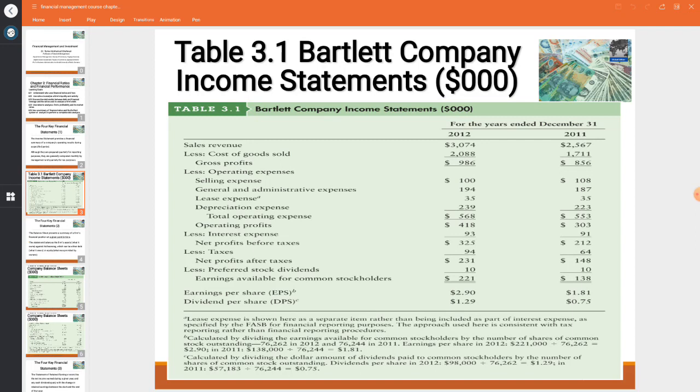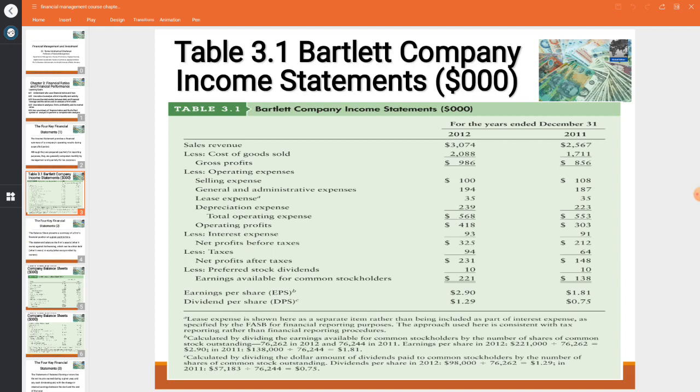In this situation, we are going to use this net income, or net profit after taxes, number one, for paying what we call preferred stock dividends, because it's a must. If you have preferred stocks, you must pay them dividends.